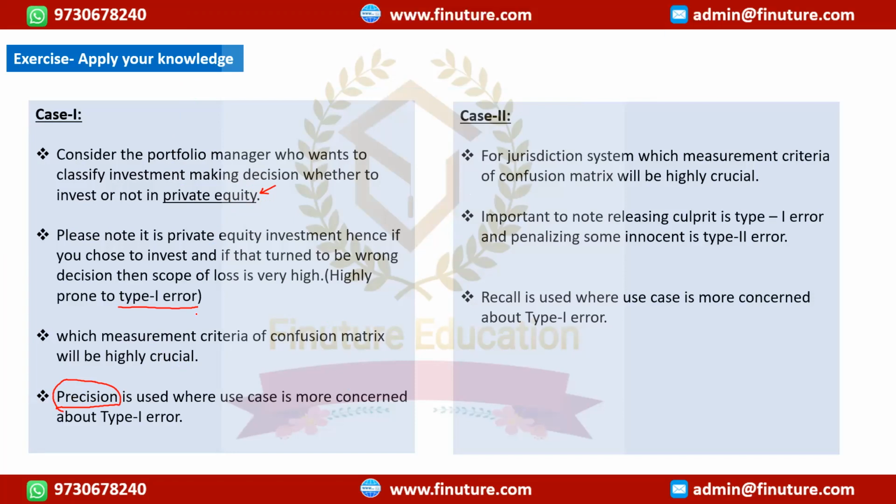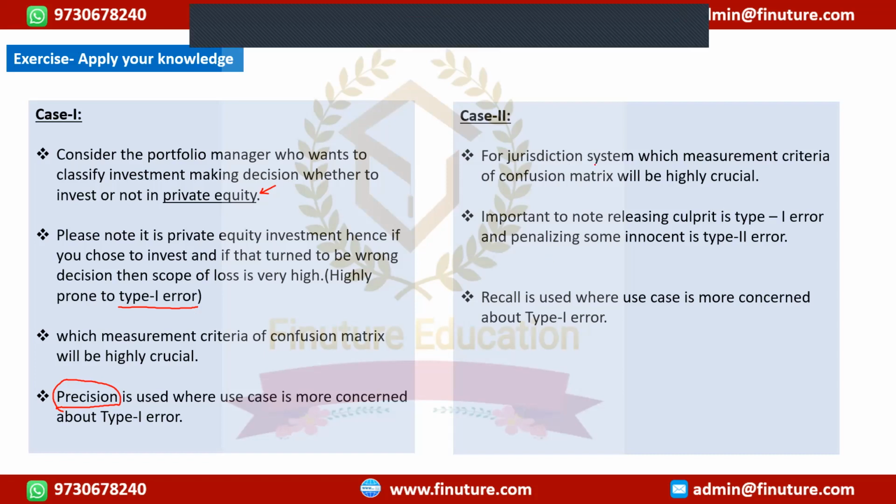For type 1 error, it's precision. We want to decrease the number of false positive errors given by the model, so we would mainly be focusing on precision, and we would expect precision to go up.